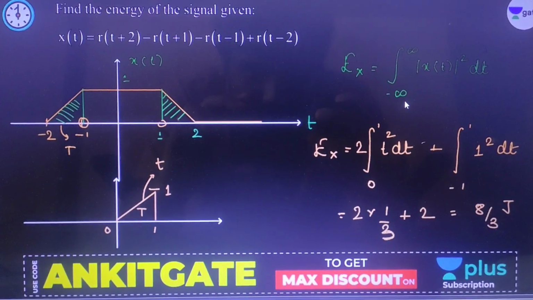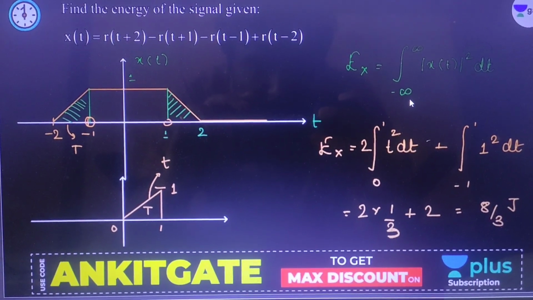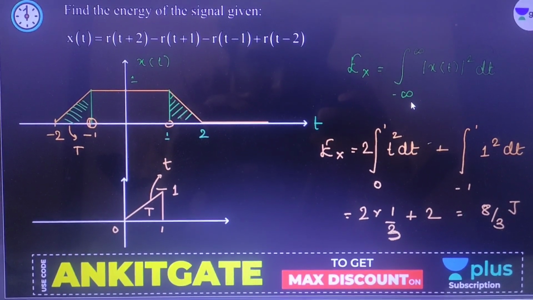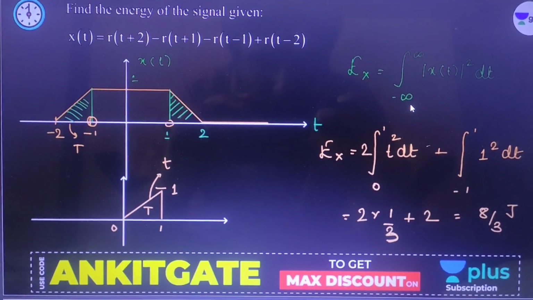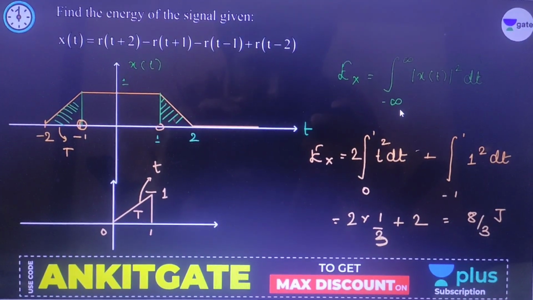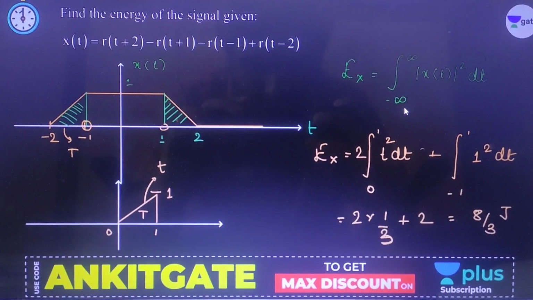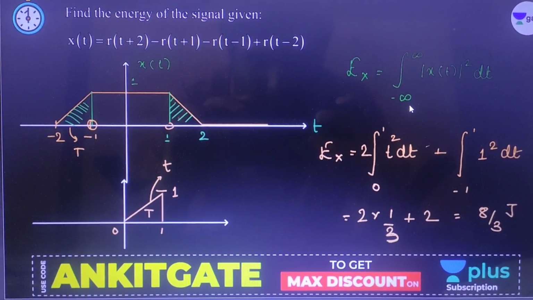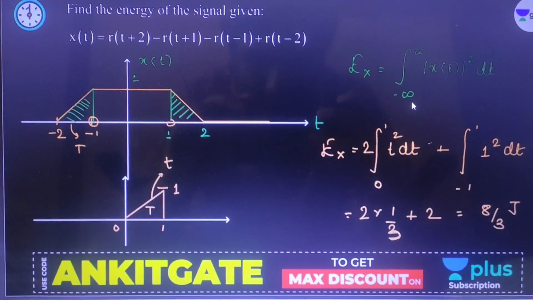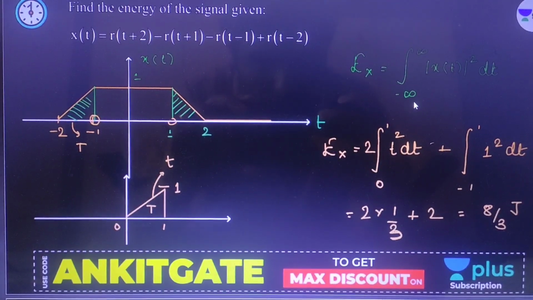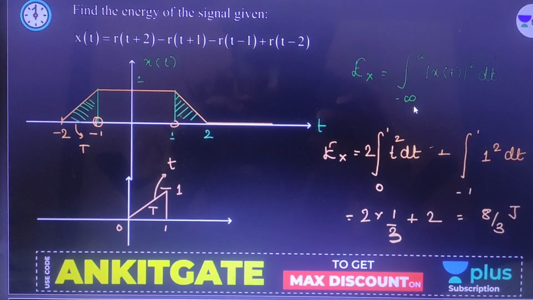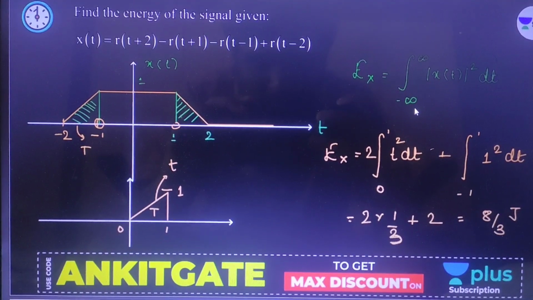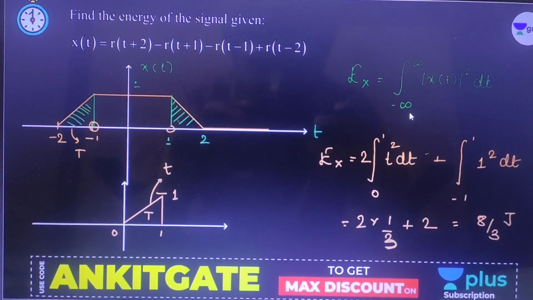Here x(t) is given as r(t plus 2) minus r(t plus 1) minus r(t minus 1) plus r(t minus 2). He is saying to find the value of energy. You can draw the signal as shown in the figure x(t). To find energy, you have two same-width triangles on the left hand side and right hand side.